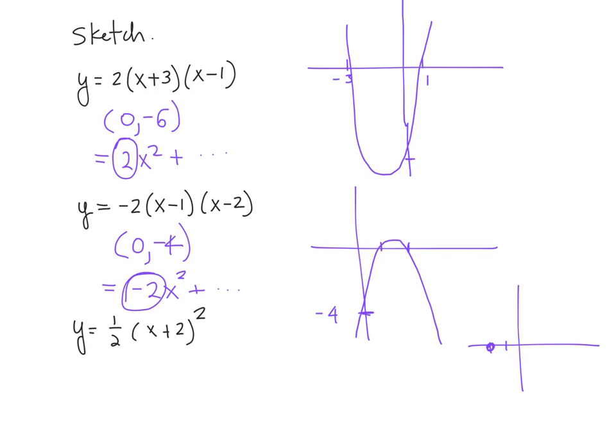It's not going to cross the x-axis. We know that when x is equal to 0, we have a y value of 2. So it's going to be at 2. Also, we know that this is concave up because it's going to have 1/2 x squared and the remaining terms, and that 1/2 is positive, so it must be concave up. So we're going to have a function that looks like this.